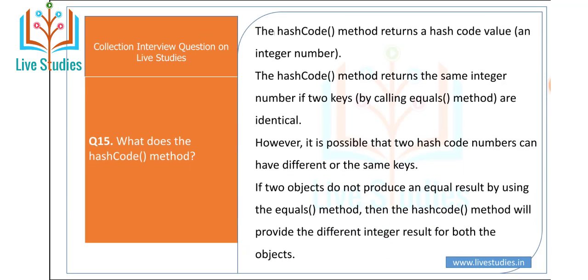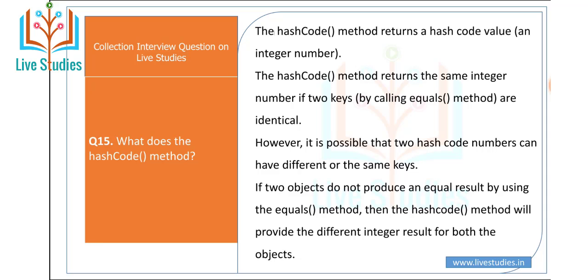Another question is, what does the hashCode method do? The hashCode method returns a hash code value, an integer. The hashCode method returns the same integer number if two keys are identical by calling the equals method.